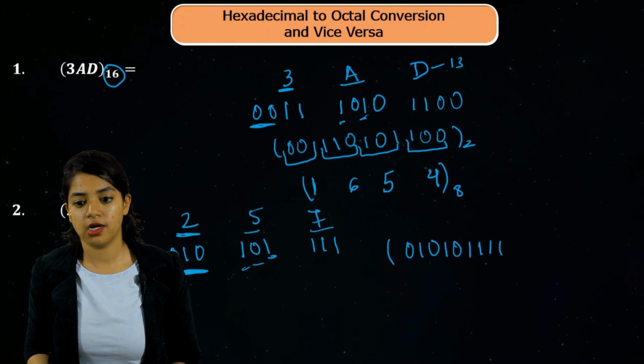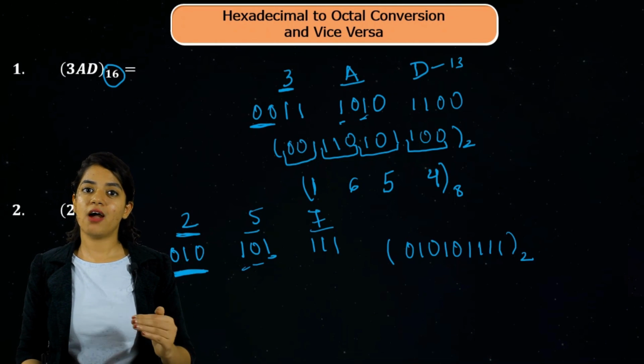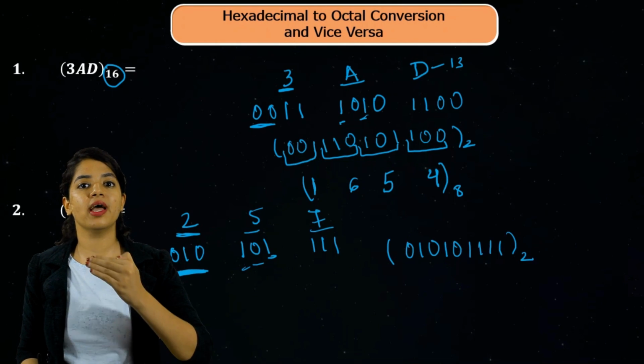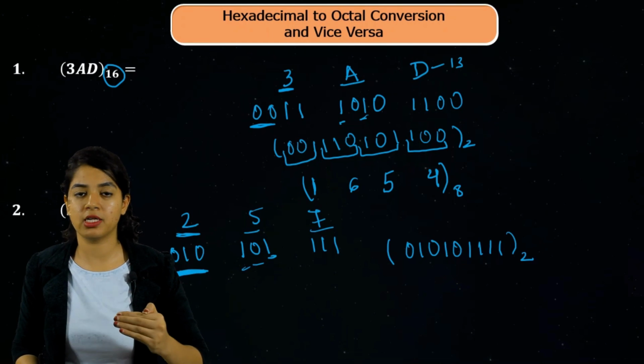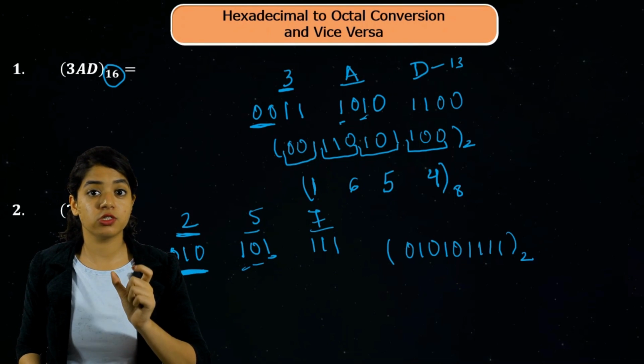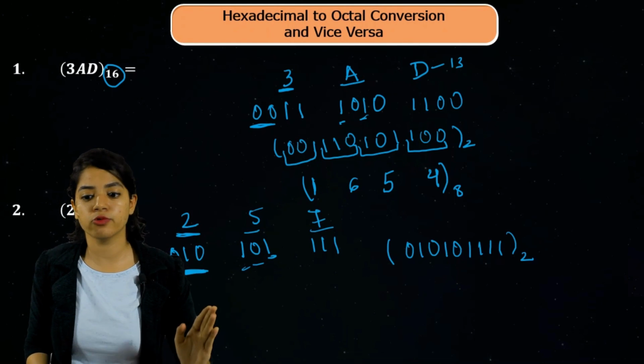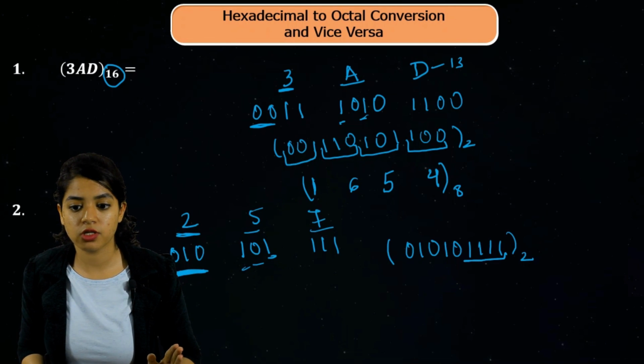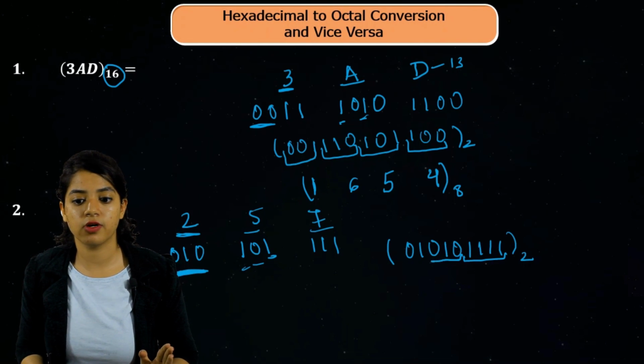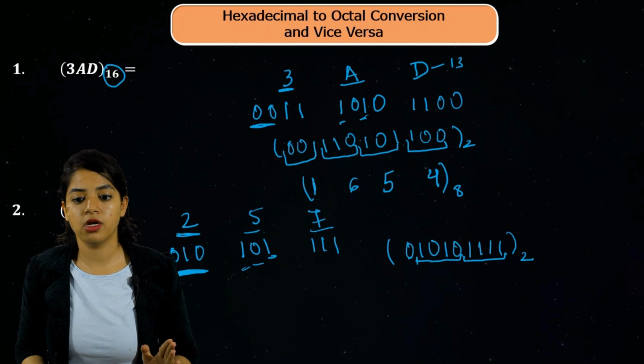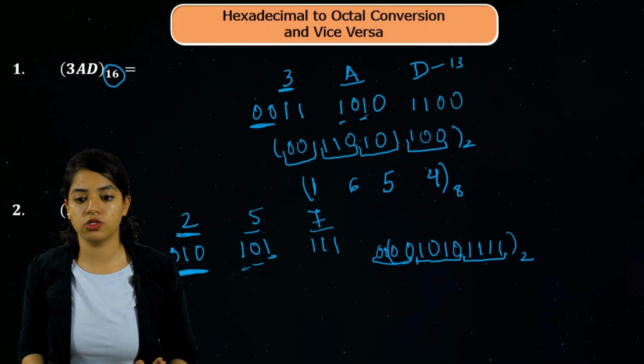Alright. Understood till here? And now we have to convert this binary into hexadecimal. You know how to convert binary into hexadecimal. We have to consider 4 bits from the rightmost bit, right? So these 4 bits, then these 4 bits, and similarly we have 0 here, and let's say we append 3 zeros here.